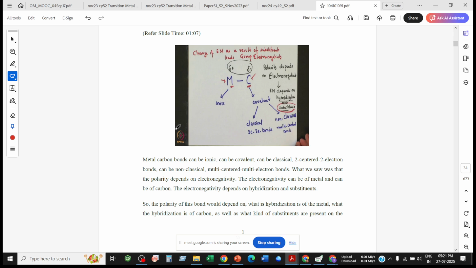Let's say we have two molecules: one is CH3 attached to the metal, another is CF3, trifluoromethyl, attached to the metal. If the metal and other configuration are the same, which metal carbon bond will be more polar?